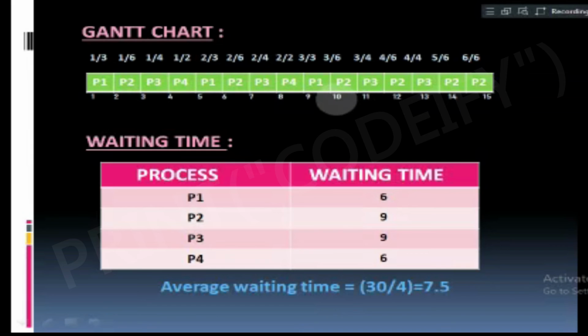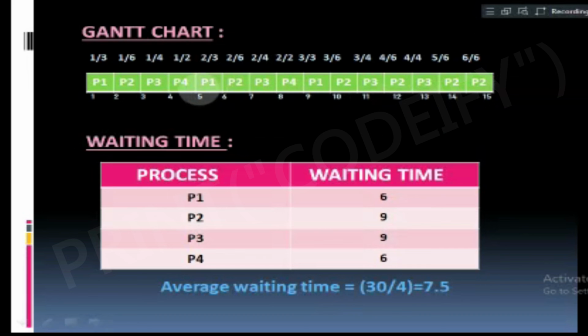P2 completes at 15. Between that, they are 2 to 3, 6 to 7, 10 to 11, 11 to 12, 14 to 15. So 9. Likewise, P3 completes at 13.